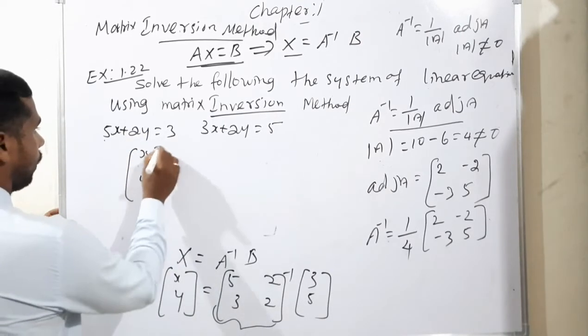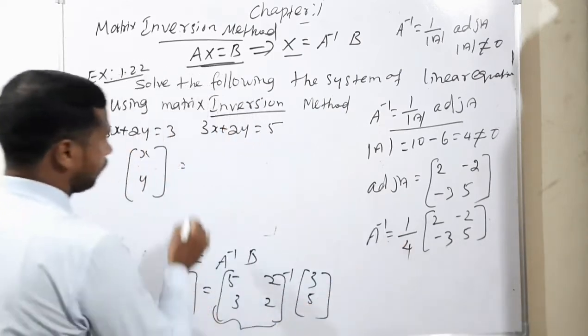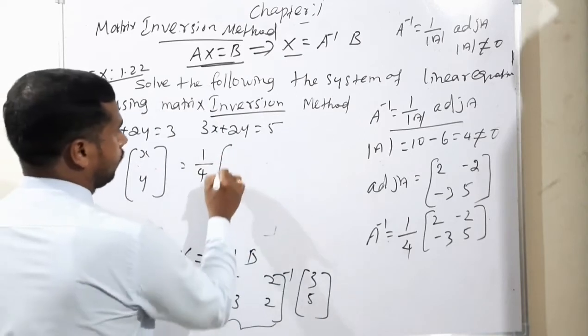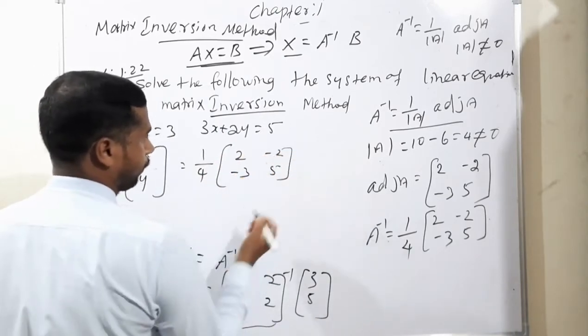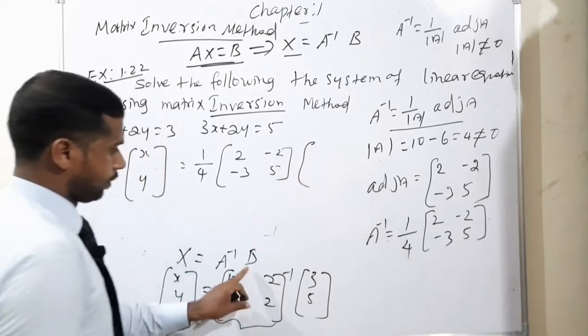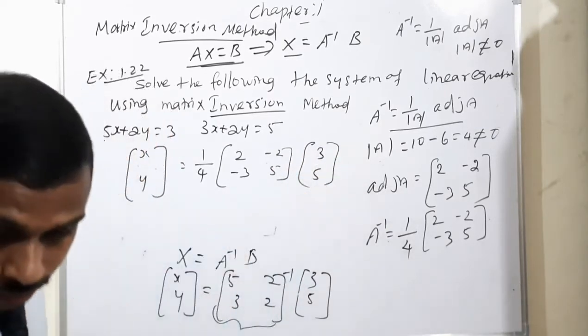So X and Y equals the inverse we found, 1 by 4 into 2, minus 3 and positive 5, into the constant B. B means constant, so 3 and 5. What we have to do?